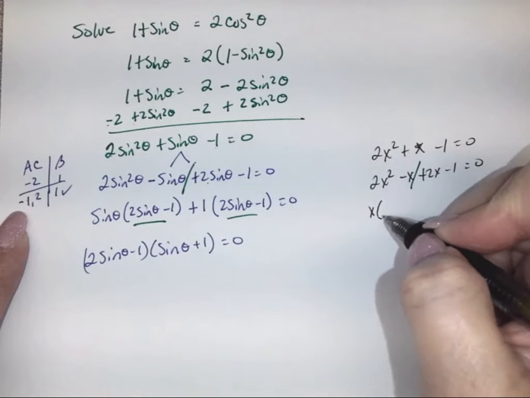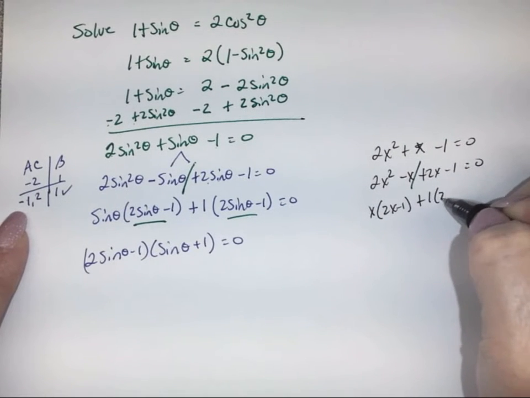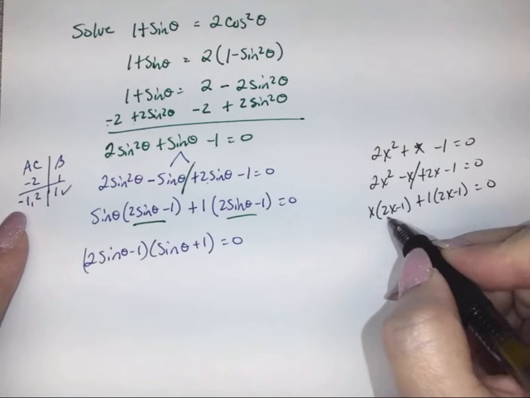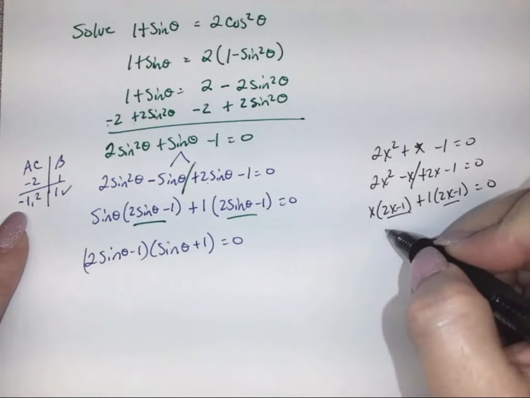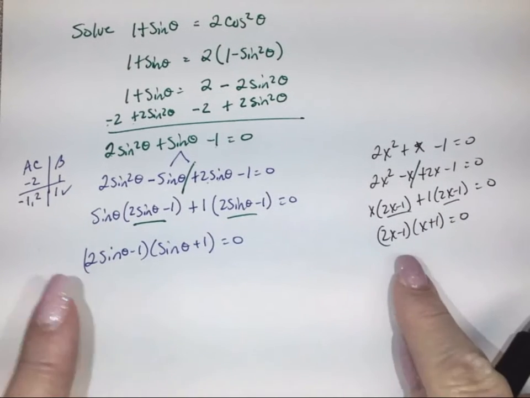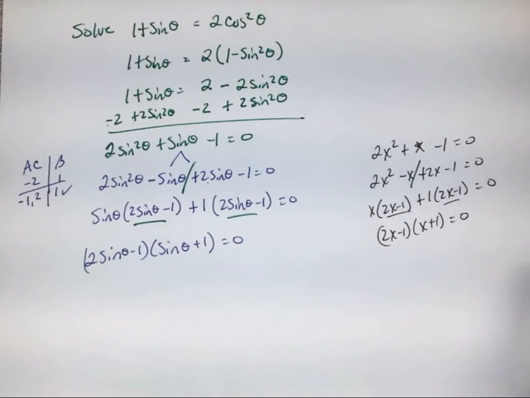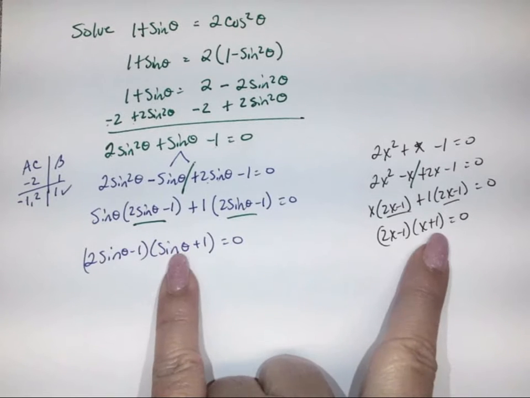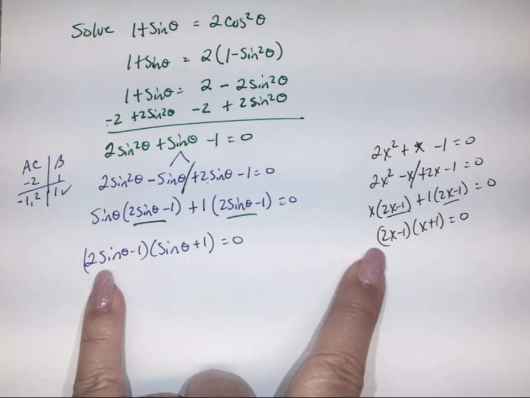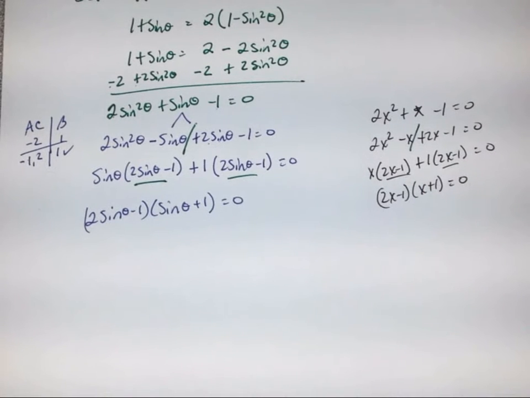I can factor out an x and get 2x minus 1 plus 1 times 2x minus 1. Notice how they match still. So I have 2x minus 1 times x plus 1 equal to 0. And then you substitute back in for sine theta. So you can do it either way. It doesn't matter. You're going to get the same thing. And again, it doesn't matter if you put this one first or this one first. I do it that way because I'm factoring out a common factor, but it doesn't matter either way.